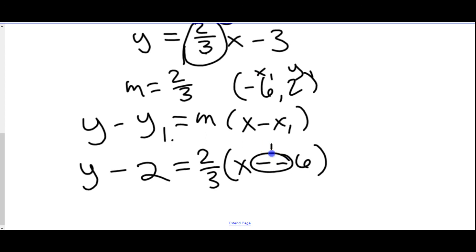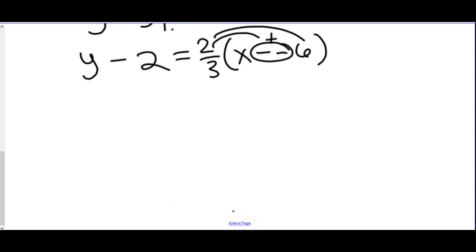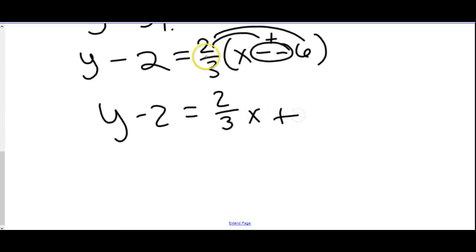Negative outside a negative makes a positive again, and we have to distribute 2/3. So we get 2/3 x plus 2/3 times 6. Again, you could plug that into a calculator by hitting 2 divided by 3 times 6, which would equal 4.